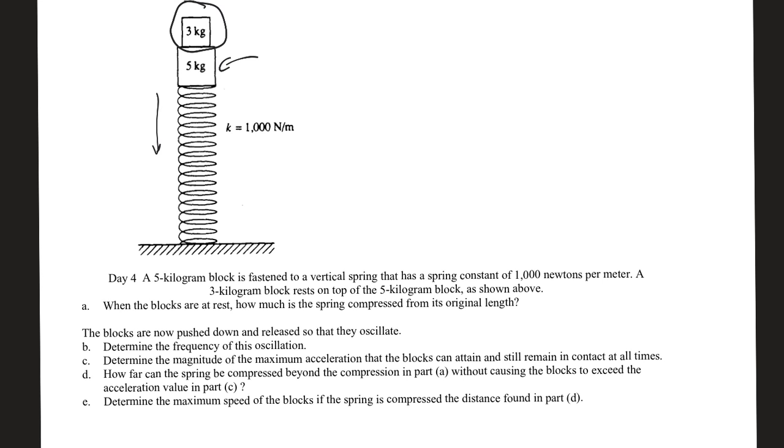If it accelerates downwards at an acceleration greater than g, since they're not attached to each other, they'll separate. So you need to ensure that the a max of this problem is less than g. That's how you figure out what the max displacement can be.